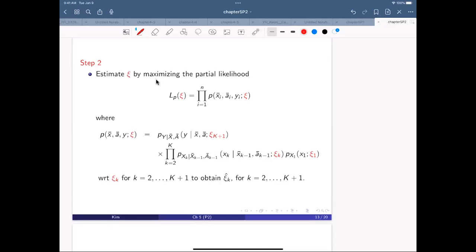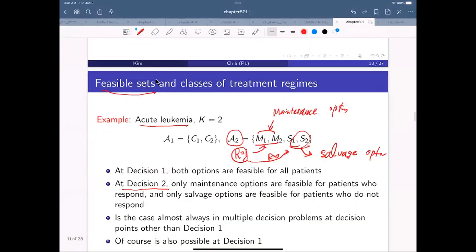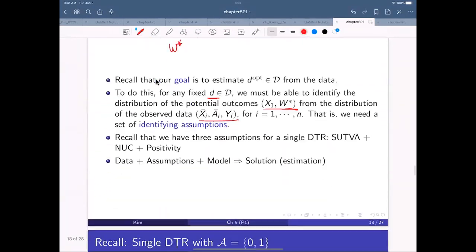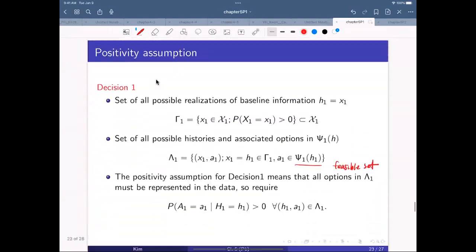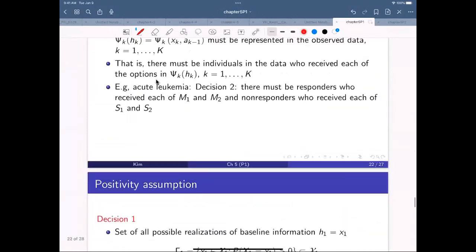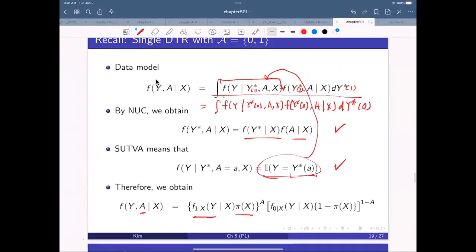It's somewhere here, right? This is the data model, the full data model.